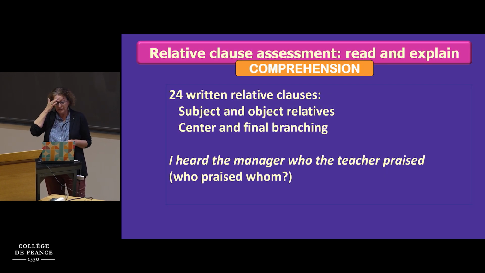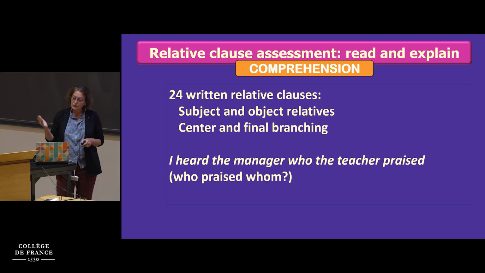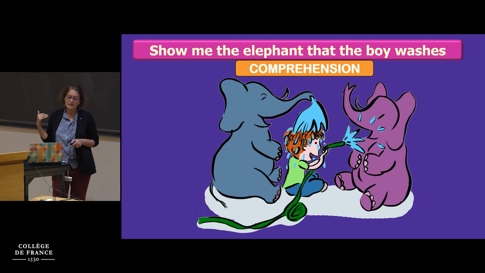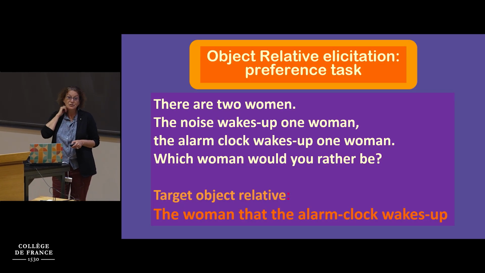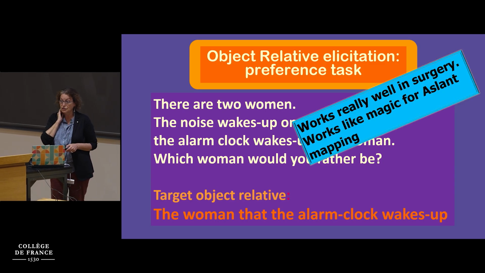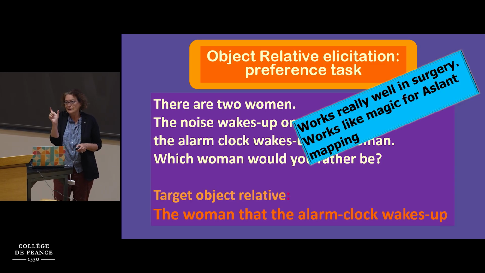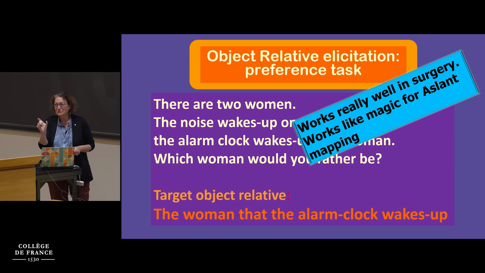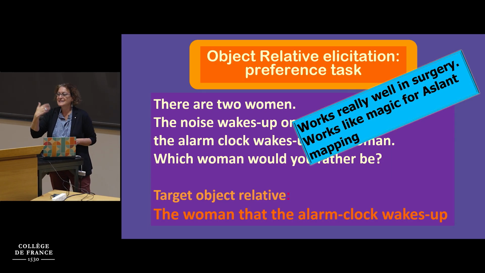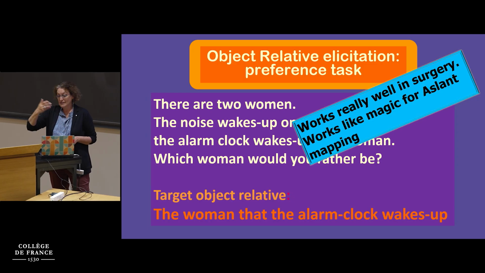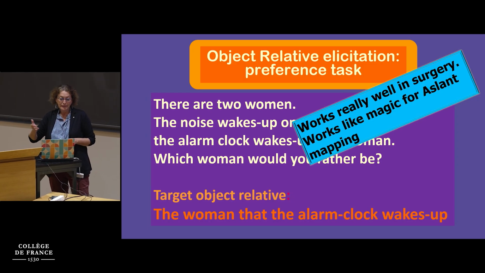I will not go into details of the actual tests, but we test comprehension, and we test production using a preference task, which is a very, very good task in surgery, because the sentence takes less than 3 seconds, and we can really identify with stimulation if the patient is able to produce, for example, an object relative or not.